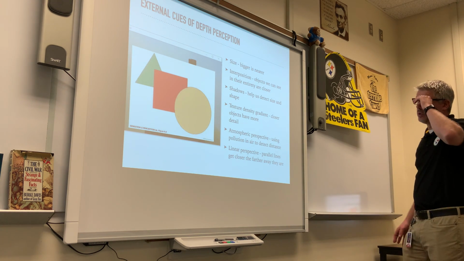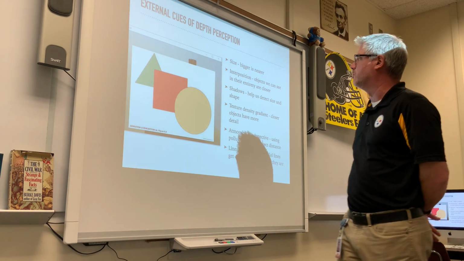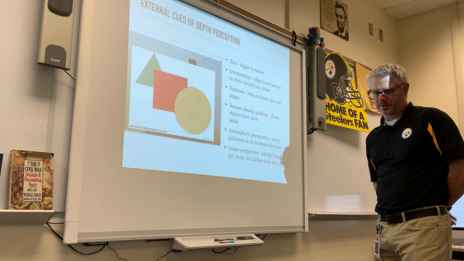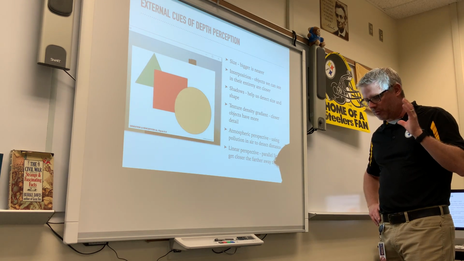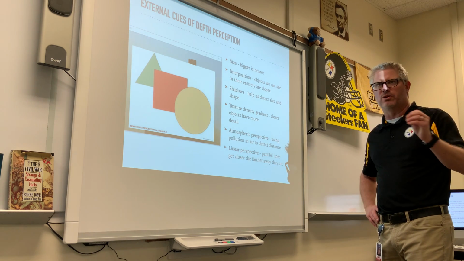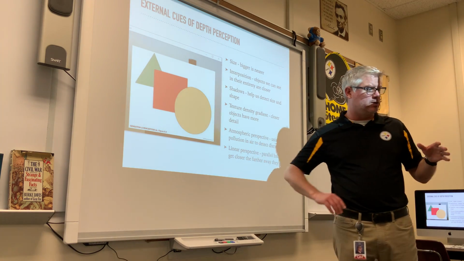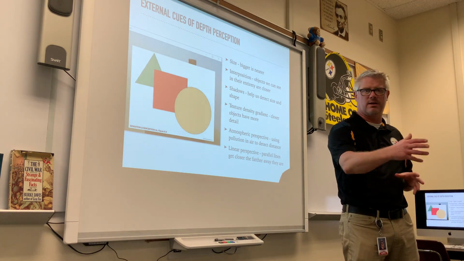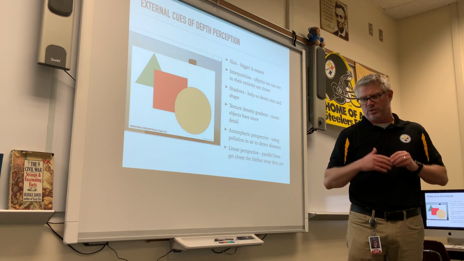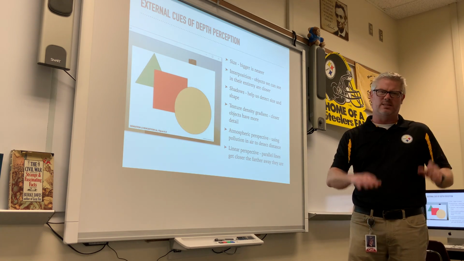A third cue that our brain uses, again subconsciously, is shadows. Now this one's harder to fully explain other than just to say that our brain is always evaluating the shadows that we see. We don't even realize that we're seeing these shadows, but our brain is always looking at the way shadows are casting around us. It is evaluating how big or small the shadow is, the length of it, is it skinny or fat, is it dark or light, all kinds of different things.